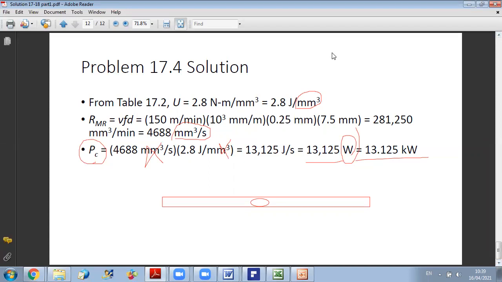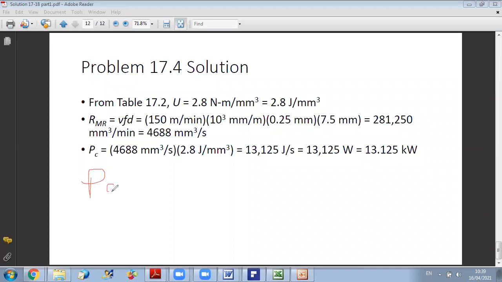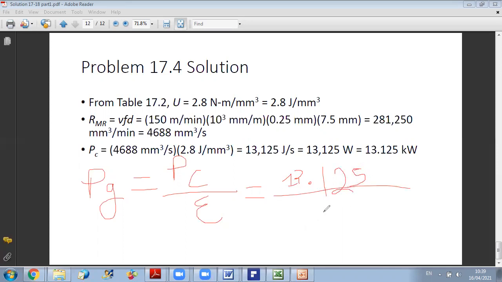The gross power is calculated as the cutting power over the efficiency. So if I want my value in kilowatt, it's 13.125 over 0.9 kilowatt. This is the value of the gross power.